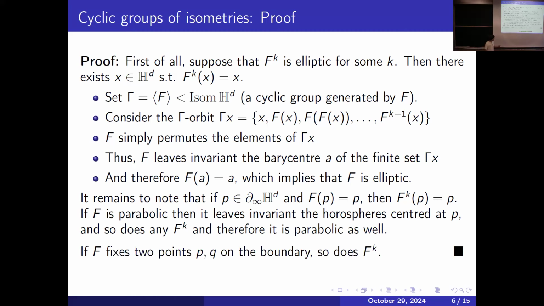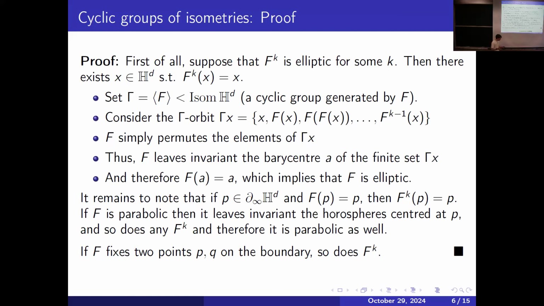Finally, if f fixes 2 points on the boundary, then so does every f^k as well, right? So it fixes precisely 2 points. Since we already proved that it cannot be the identity, it is not a trivial isometry. Then it should be of the hyperbolic type, right?